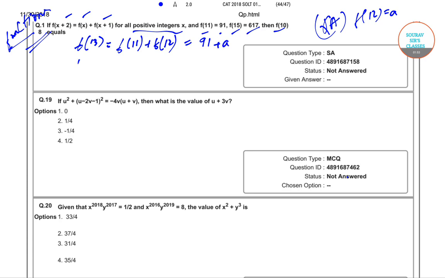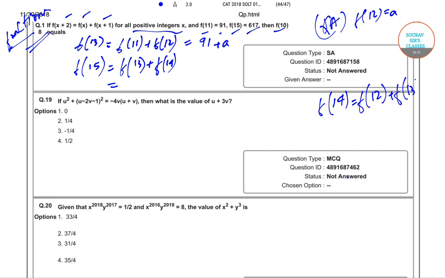Now f of 15 will be equal to f of 13 plus f of 14. So f of 14 is f of 12 plus f of 13.